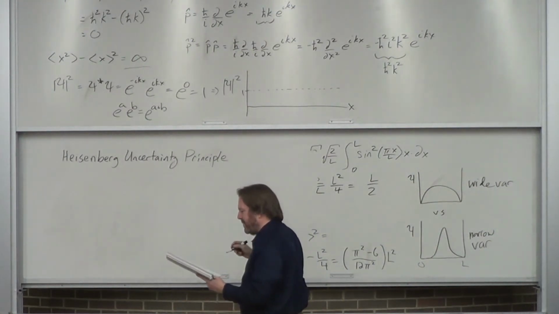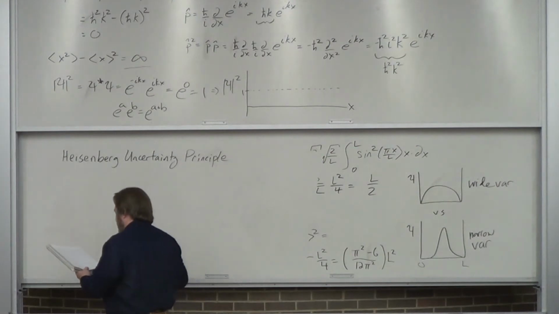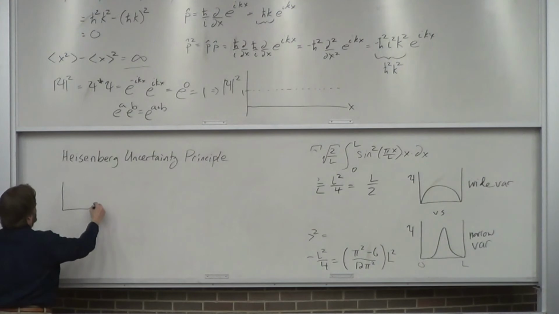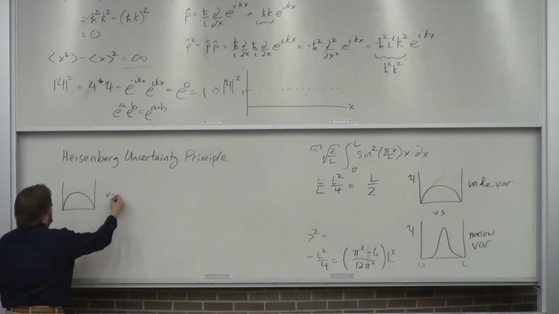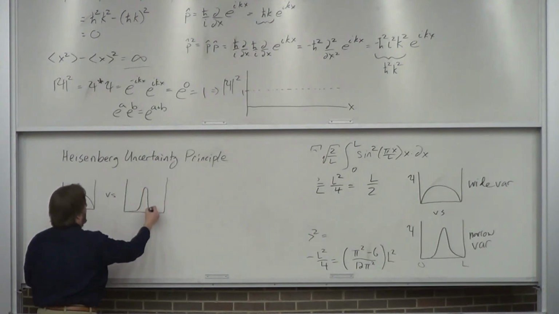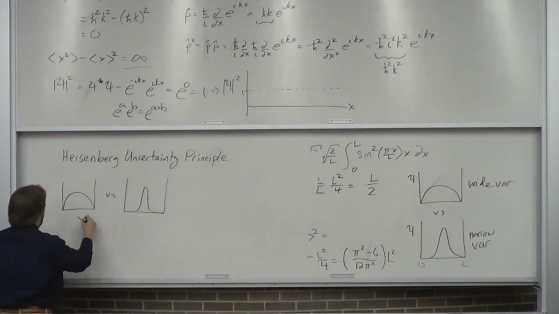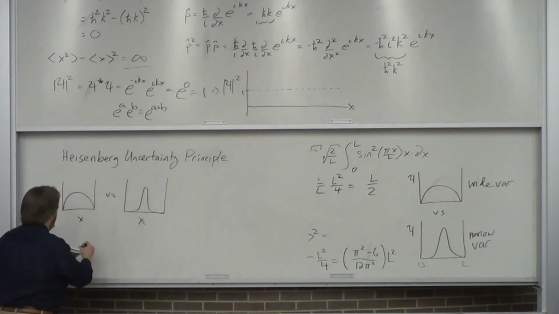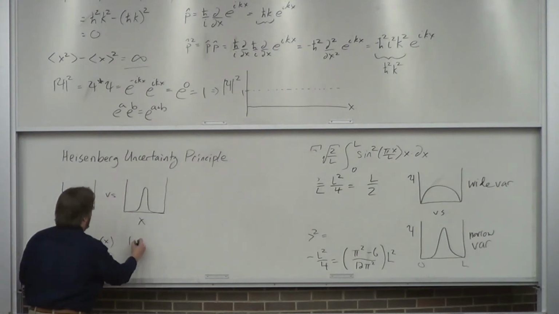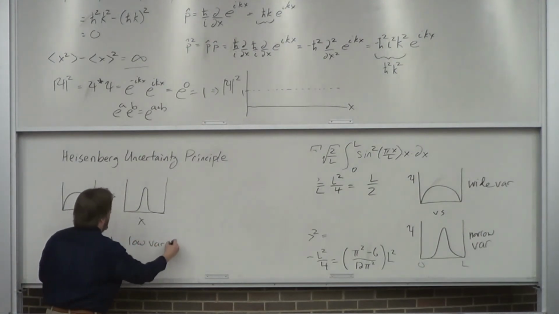So what about this? Okay. What it means is that, let's go back to our particle in a box. Let's look at the one with the wide distribution, a large variance in x, and this one has a low variance in x.